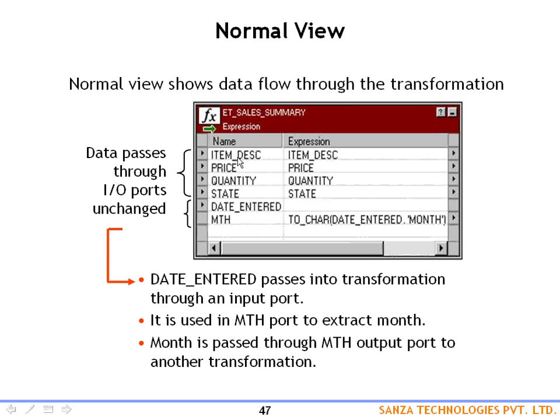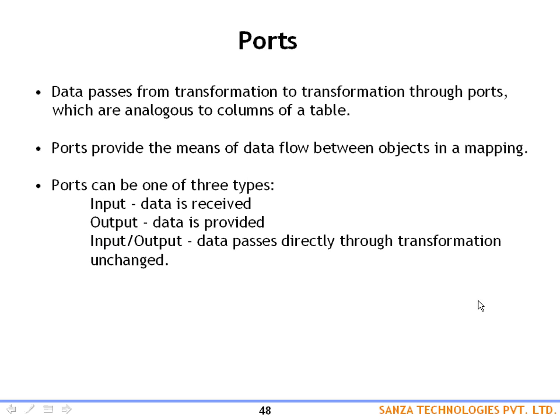So in this example, item description is coming in and going out, price is coming in and going out, quantity coming in and going out, state is coming in and going out, then they are called input-output ports. If you want to change the data, then you make the port an output port only, then you write the formula. How to do it? That's what we are going to do.